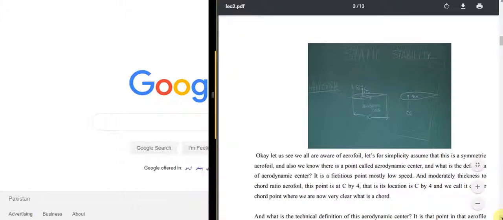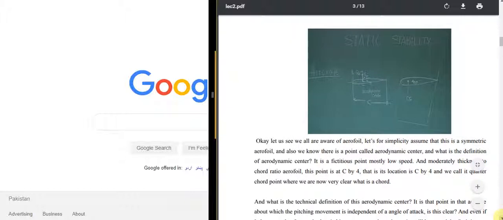Okay, let us see, we all are aware of an aerofoil. For simplicity, let's assume that this is a symmetric aerofoil, and we also know there is a point called the aerodynamic center. That is the definition of aerodynamic center.